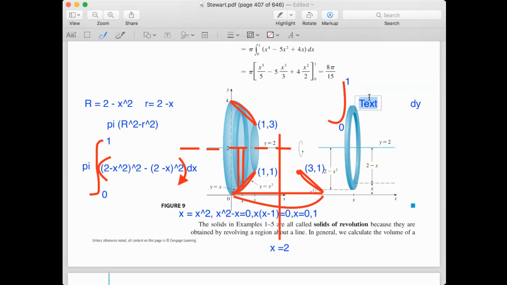Again, let's write the pi outside. We need to figure out big R, small r. So in this case, what's our big R? Big R is here, up to this straight line.